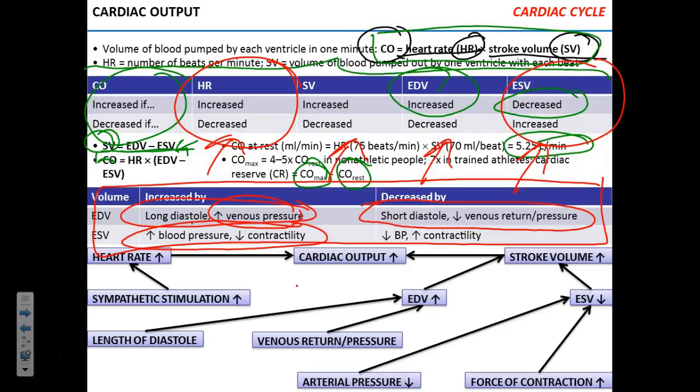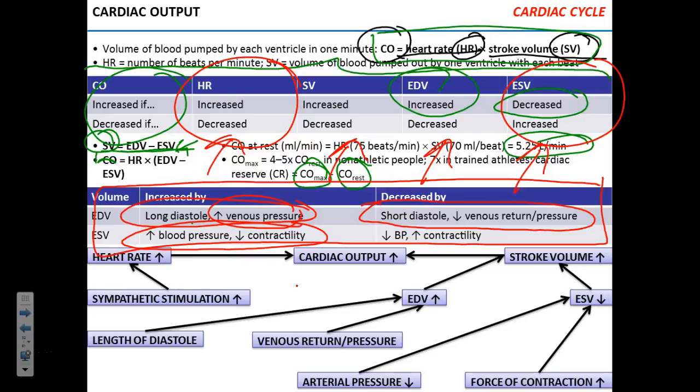ESV should be lower, yes. It can squeeze strongly. It doesn't have to work against the pressure, so it can push out more blood. Does that make sense? ESV becomes lower.